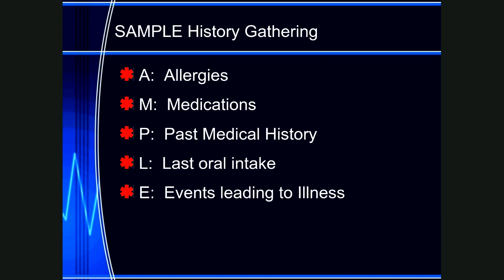And this is especially true when you're dealing with the diabetics. When was the last time they had something to eat or drink? Because if their blood sugar is low, did they eat and not take their insulin, or take their insulin and not eat? You need to ask those questions.